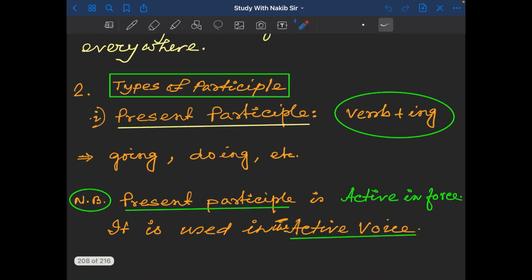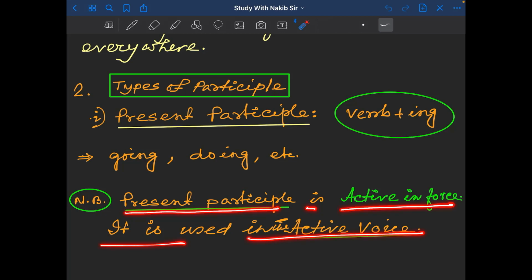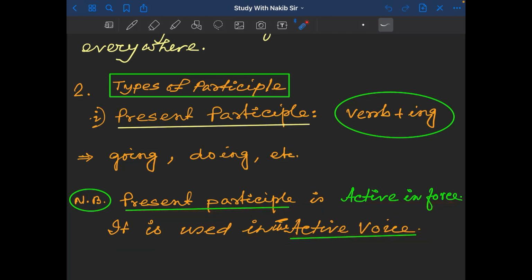Remember this, the present participle is always active in force. It is used in the active voice. It will be useful for you when you do your grammar.